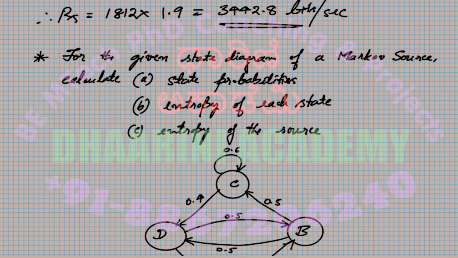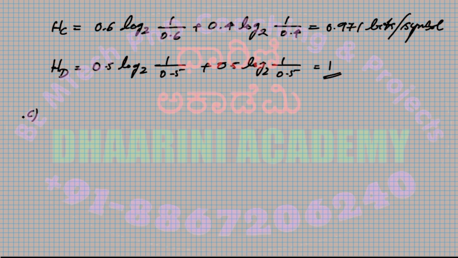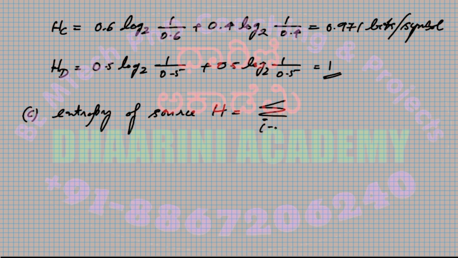The next part is entropy of the source. Entropy of the source, that is H, is equal to, for all the states, i equal to 1 to n, probability of each state into H of that state, right?